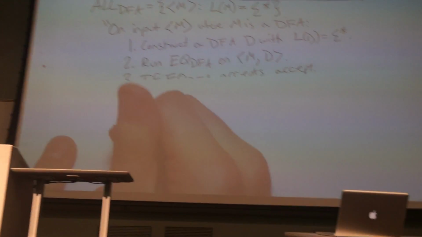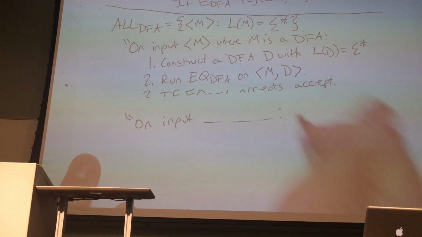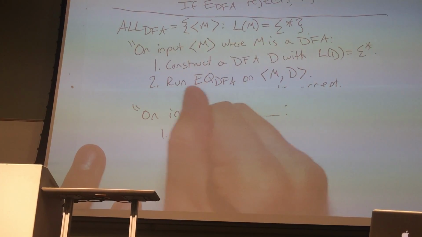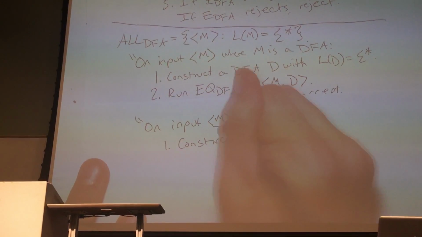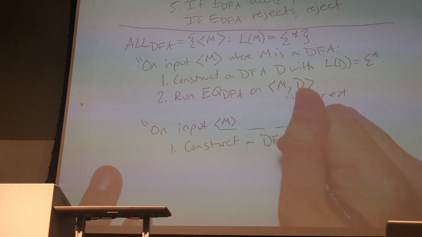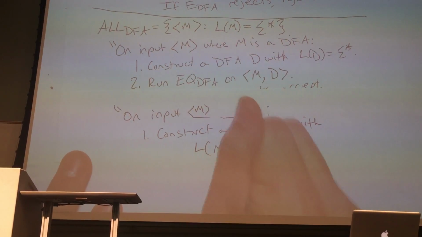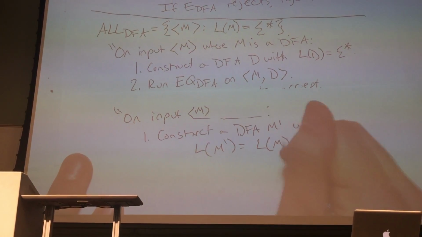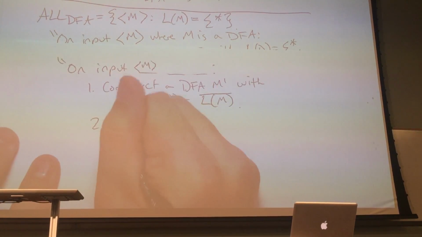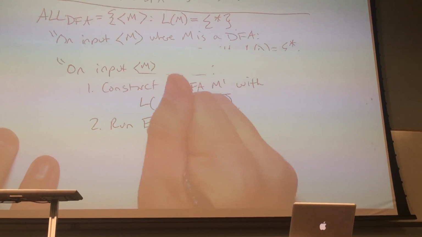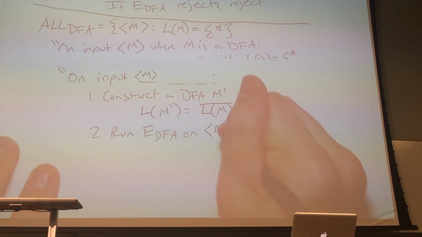So another method is, on input M, and then the rest is the same: construct a DFA M prime with L of M prime being the complement of L of M. Then just like we said, run E sub DFA on M prime.